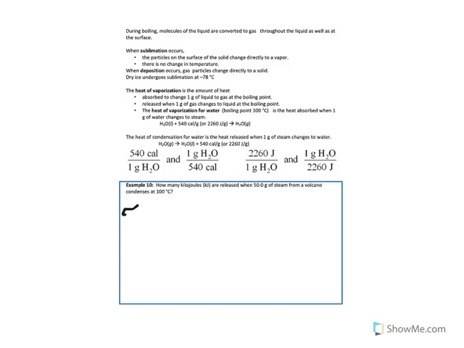So we have 50 grams of steam, meaning a vapor, and we are condensing, so we are going from a gas back to a liquid, okay? And we want to know how many kilojoules are released. So 50 grams of steam. Again, we have 1, 2, 3, 4 possible conversion factors.